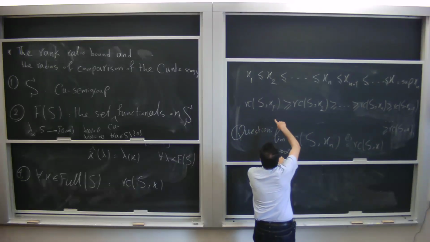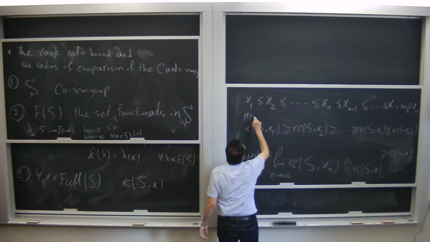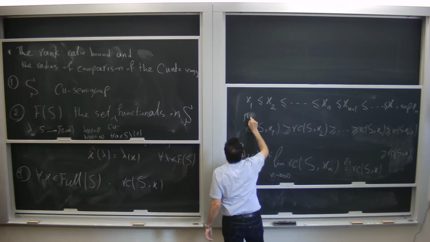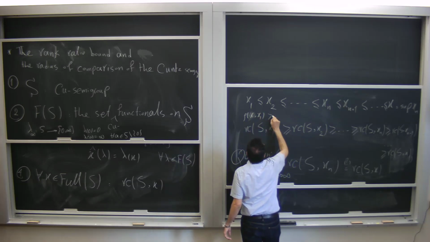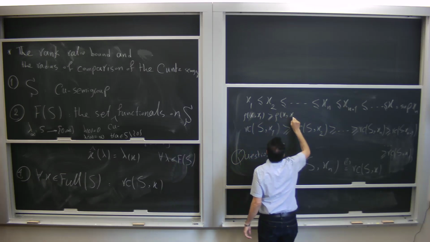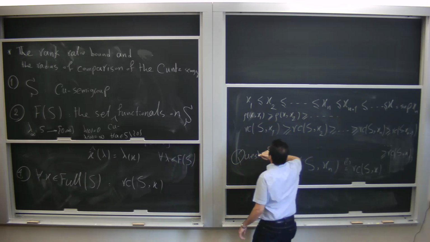So if I have this, then rho of y and here I have x. Sorry, I have say that rho of x and x1 is bigger than rho of x and x2, and so on. And also I have one more thing.